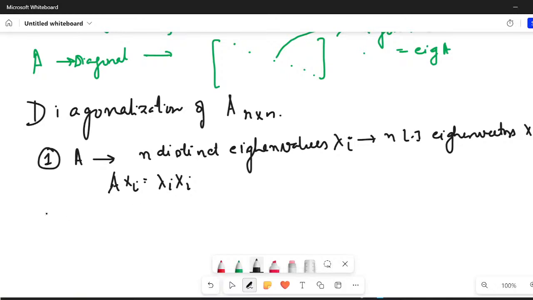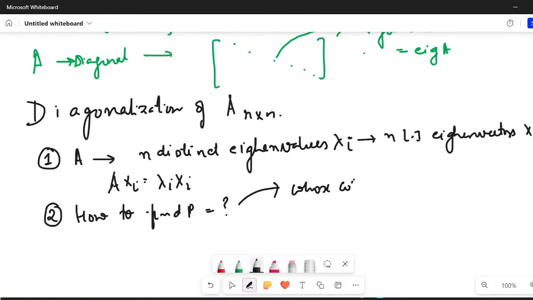Now how to construct this particular matrix P? I'm giving you a suggestion, and this is a quite established algorithm for how to find this P. P is a matrix whose columns are nothing but the eigenvectors xi's.